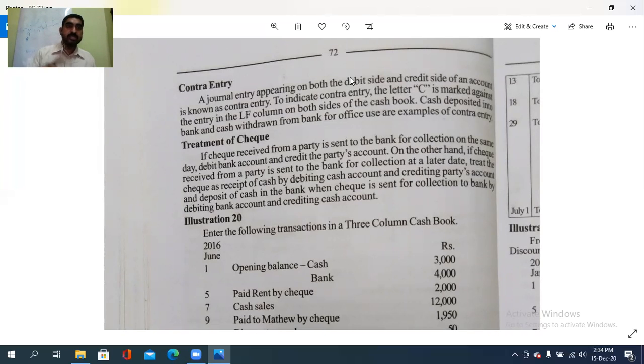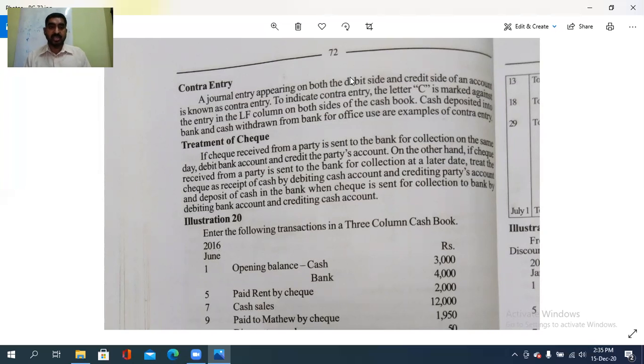See, deposit and withdrawal. So what is the deposit entry? Bank account debit to cash. So bank account debit side to cash in the bank column and by bank in the cash column. Withdrawal is the case then cash account debit to bank. So cash account debit side to cash in the bank column and by bank in the cash column. Isn't it? That is the contra entry procedure.